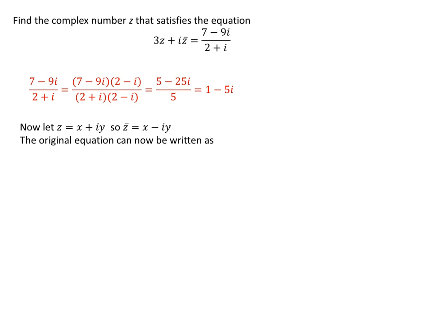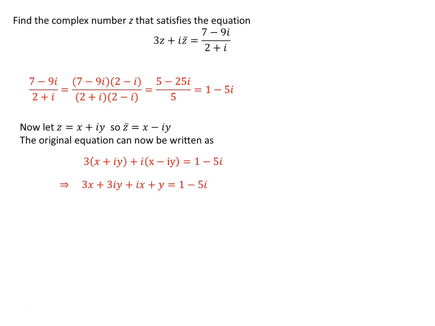So, if z is x plus iy, then we know that the complex conjugate of z is x minus iy, so that the equation can be written as 3 times (x plus iy) plus i times (x minus iy) equals 1 minus 5i.